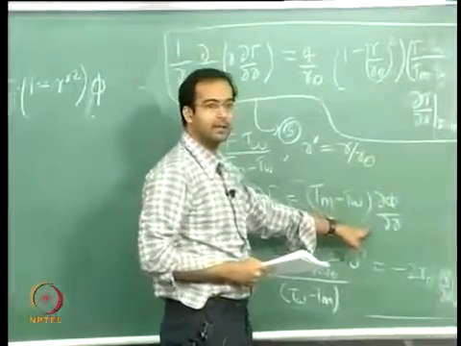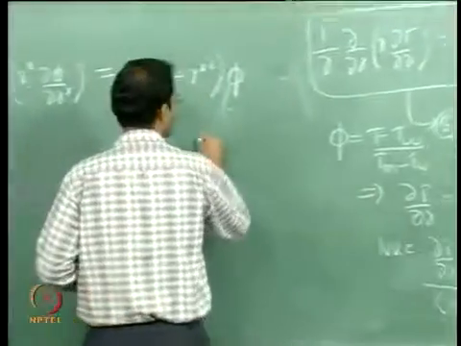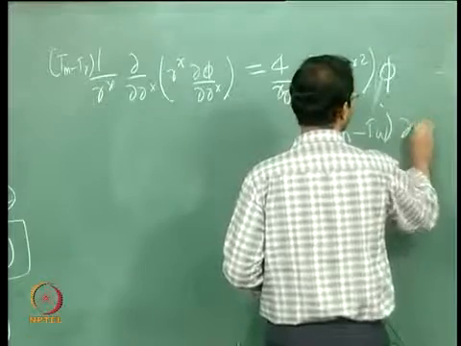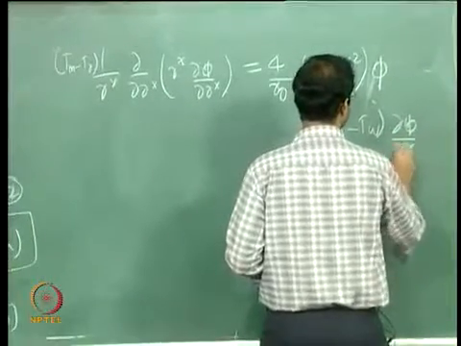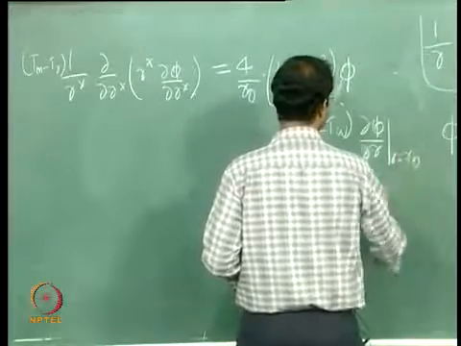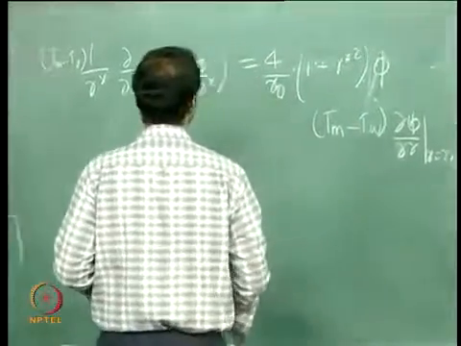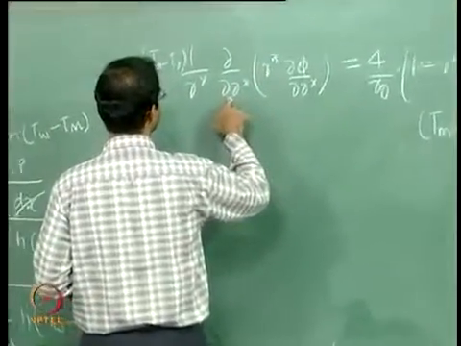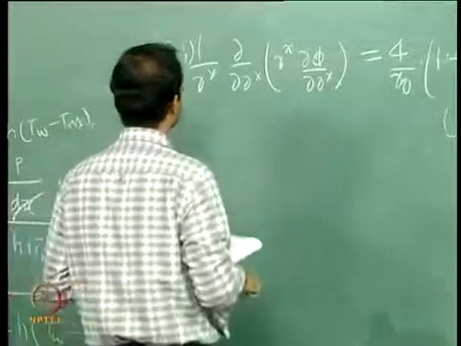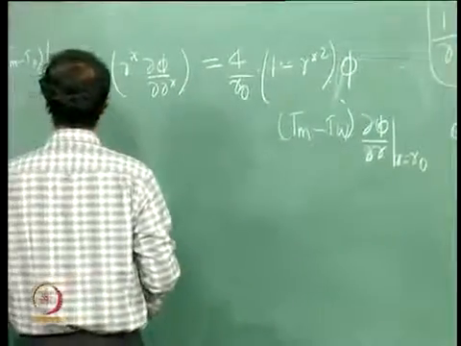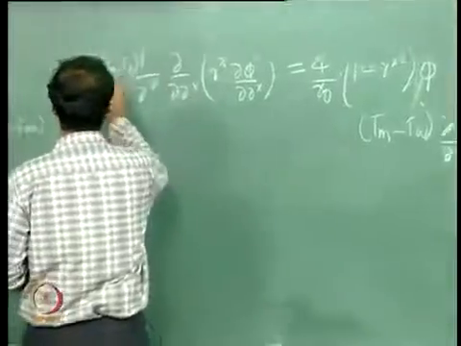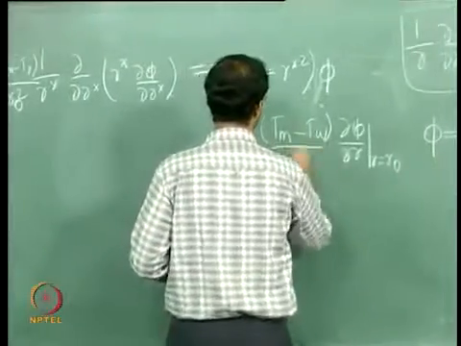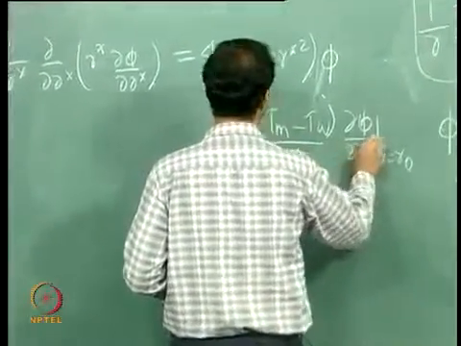And dT by dr is again Tm minus T wall into d phi by dr, so I can write this as Tm minus T wall into d phi by dr at r equal to r naught. So I have r naught into r naught square, divided by r naught square here, and here I have again r naught, which I can write as r star.